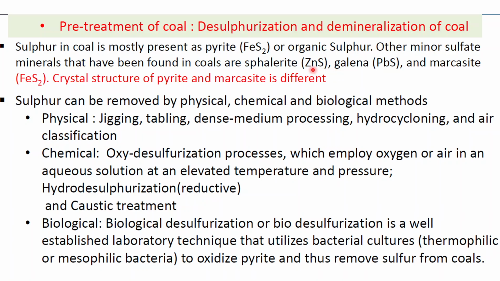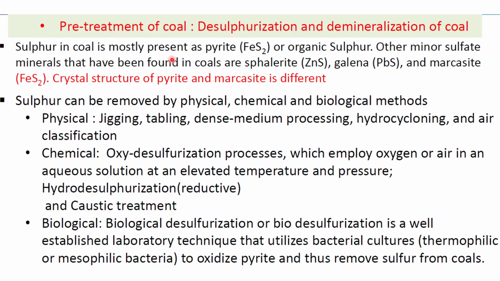Coal consists of various elements such as carbon, hydrogen, oxygen, sulfur, and nitrogen. Sulfur is an element which is not required, actually undesirable.